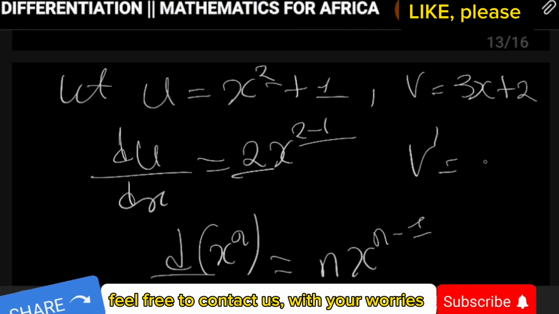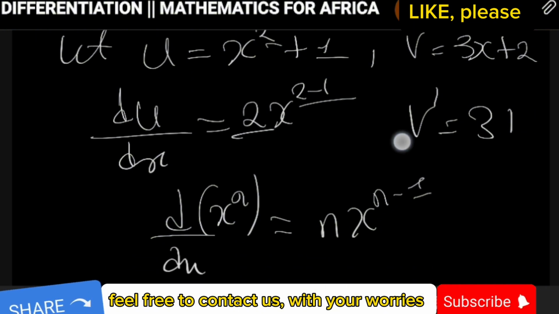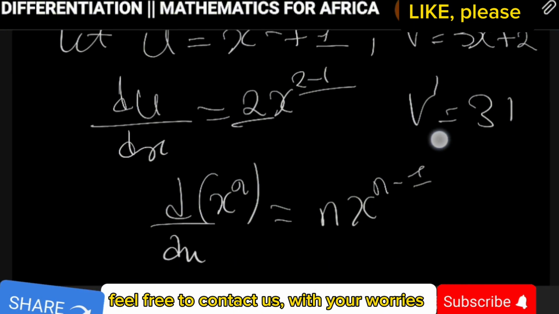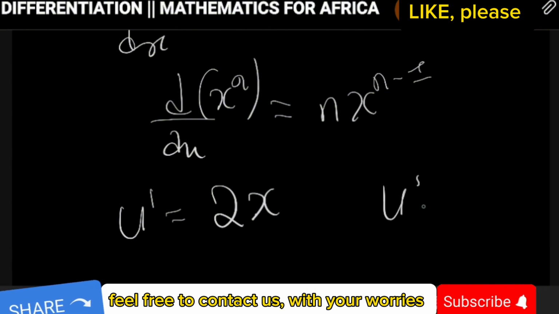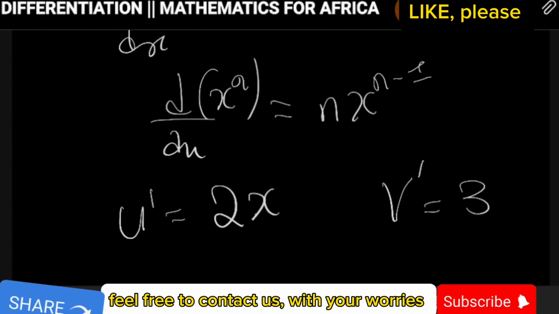And then our v prime will be equal to 3 plus 0, just applying the same procedure. So finally our u prime is equal to 2x, and our v prime, please try to differentiate between v and u, our v prime is equal to 3.